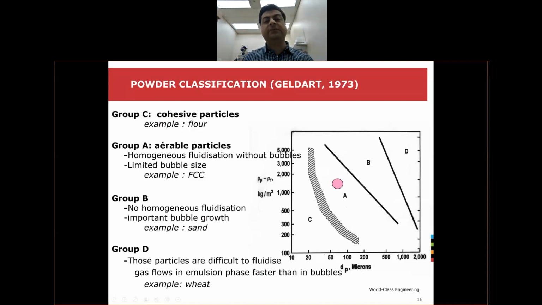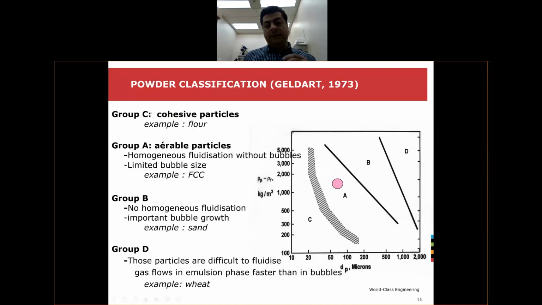He classified particles in four groups: Group C, Group A, Group B, and Group D. Group C is for very cohesive particles, usually very fine nanoparticles or particles with less than roughly 50 micron. They are very sticky particles.